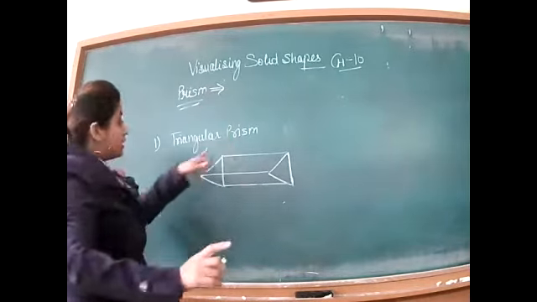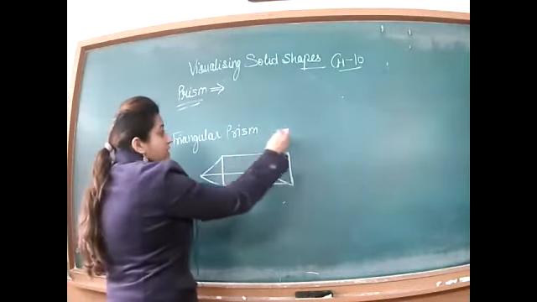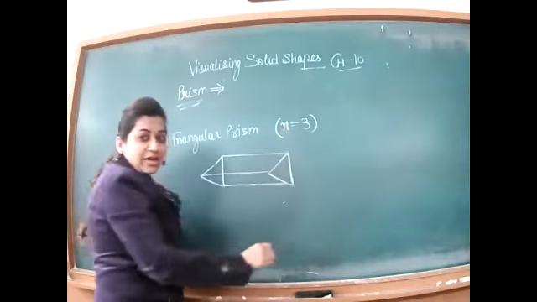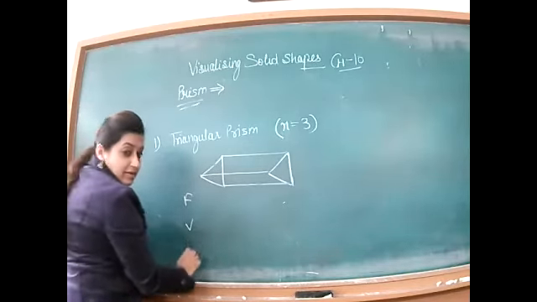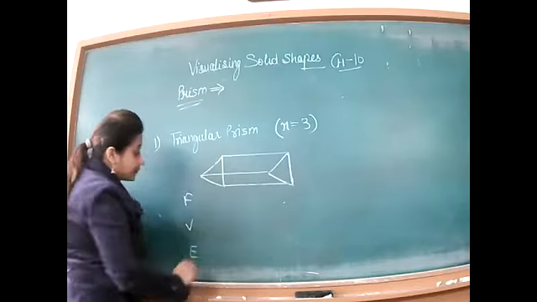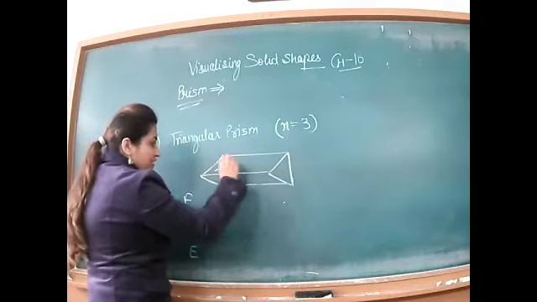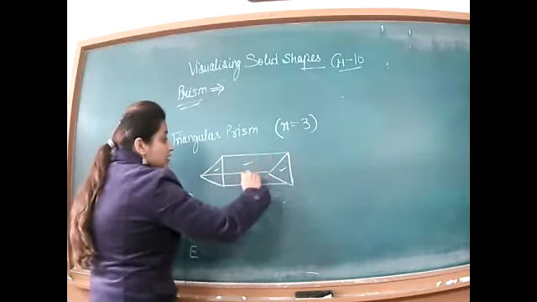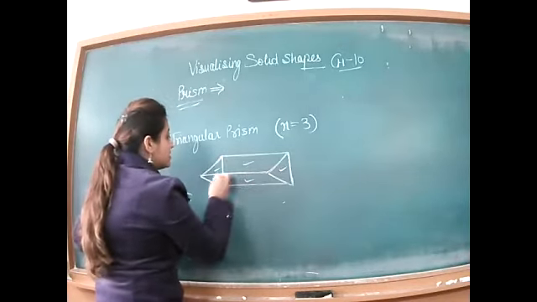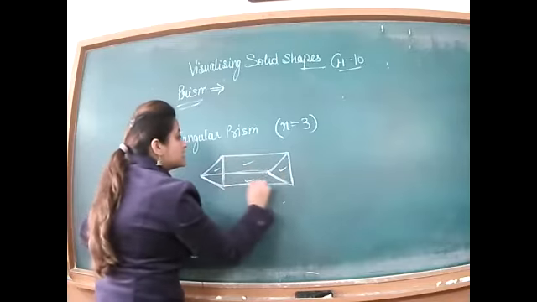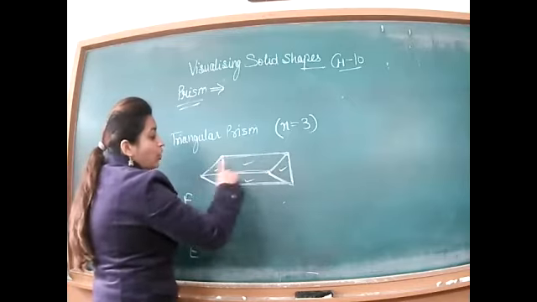Now, prism we have written. Now, let's talk about triangular prism. Here n is 3 because a triangle has 3 sides. How many faces, vertices, and edges are there? Faces: one upper face, one bottom face, and 3 parallelograms, one on this side, second on this side, and third the back one.